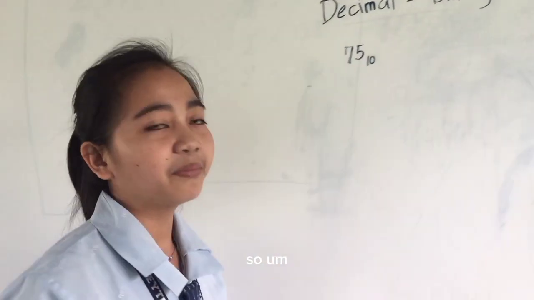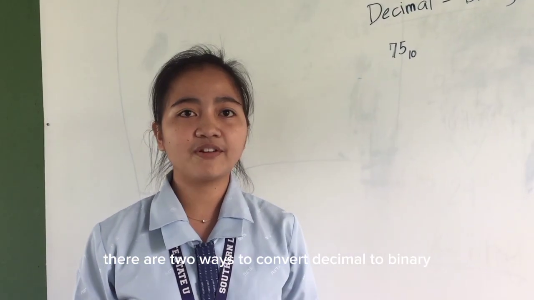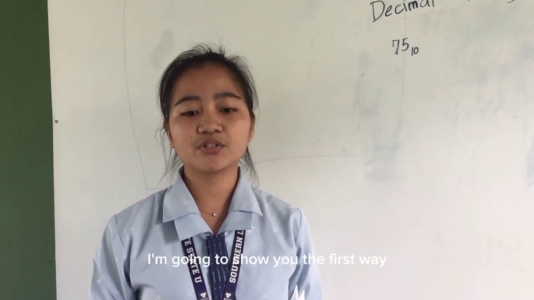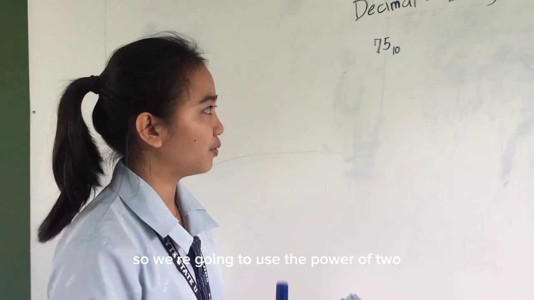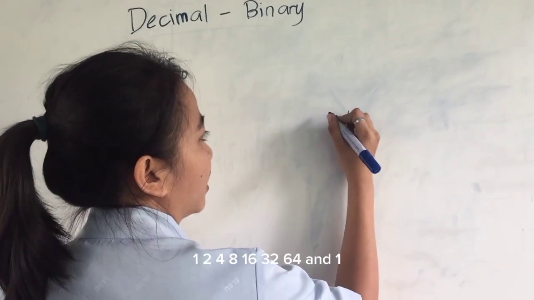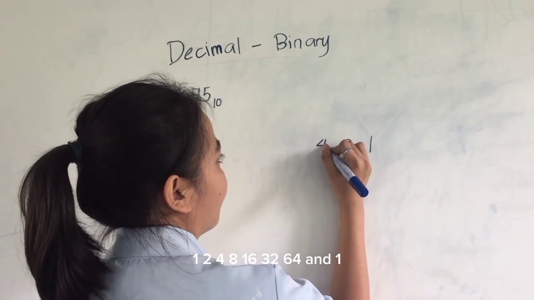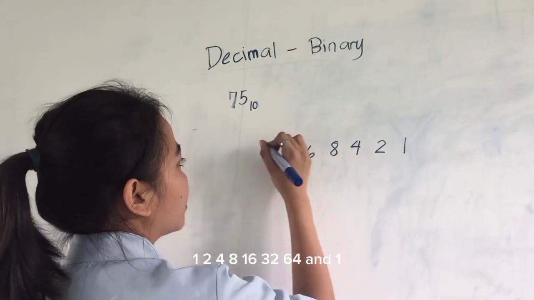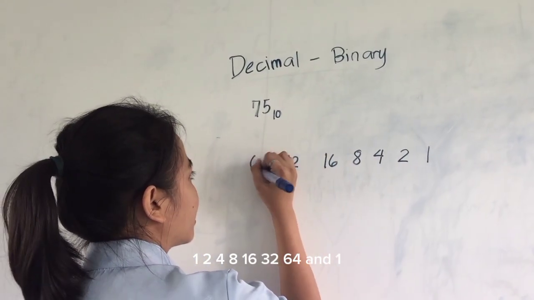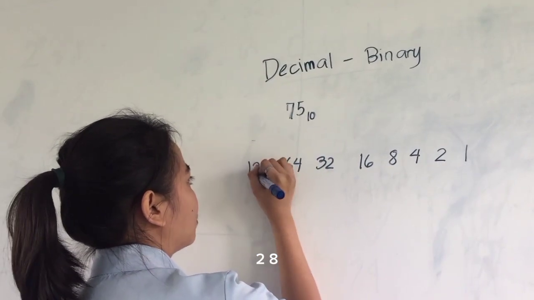So there are two ways to convert decimal to binary. I'm going to show you the first way. So we're going to use the power of 2. 1, 2, 4, 8, 16, 32, 64, and 128.